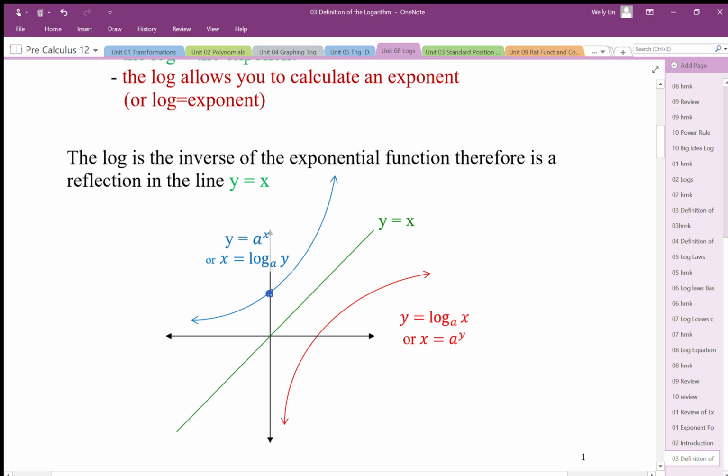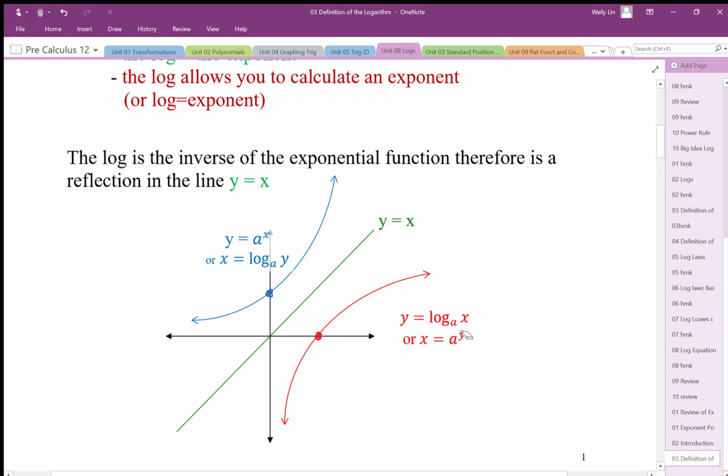If we want to inverse something, we switch the x and y. So this is my inverse expression, and that will give us a red graph. The red graph has a vertical asymptote, and it has a point at 1, 0. It is a mirror image across the line y equals x. Now, what we want to be able to do is rewrite this in terms of the log form.